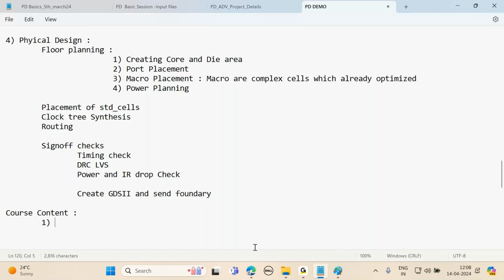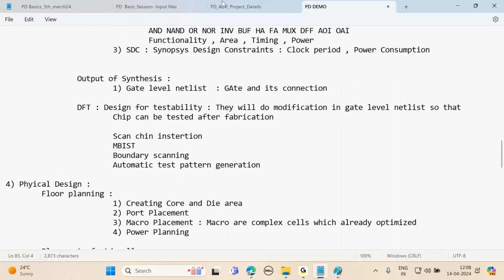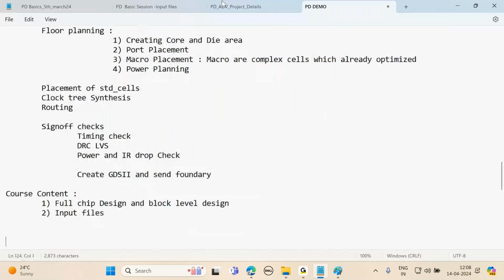First, we start discussing what is full chip level design and block level design. Next, we discuss input files for physical design. I discussed input files for synthesis, so similarly, we discuss input files for physical design.